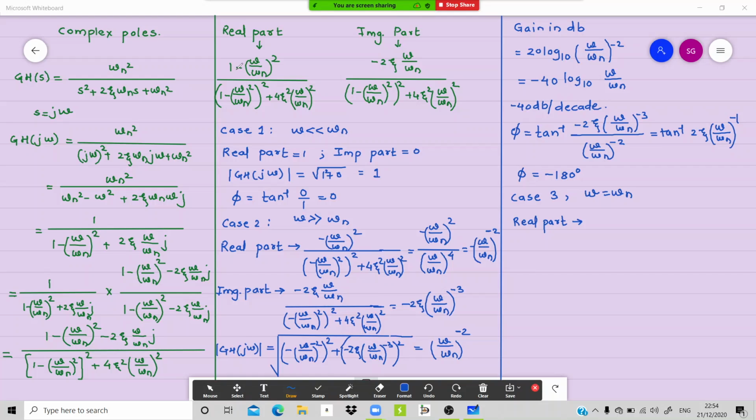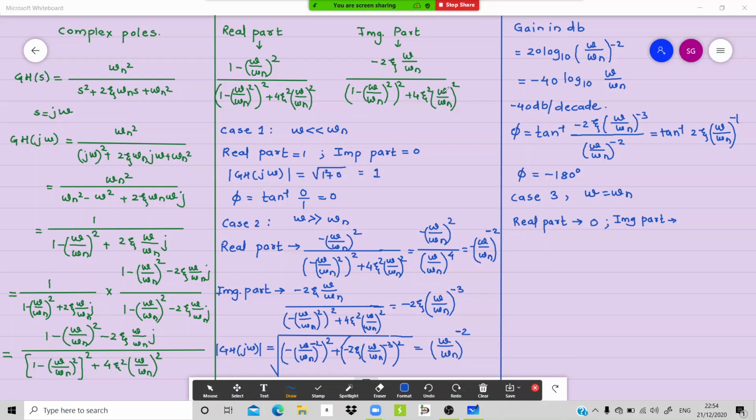So what I was saying, real part, this is 1, so 1 minus 1, 0. Okay, so the real part is becoming 0. Then the imaginary part, yeah. Now the imaginary part, you see, this is 1, right?